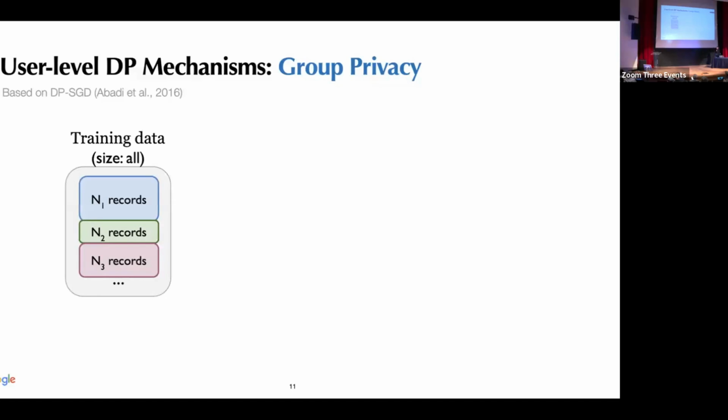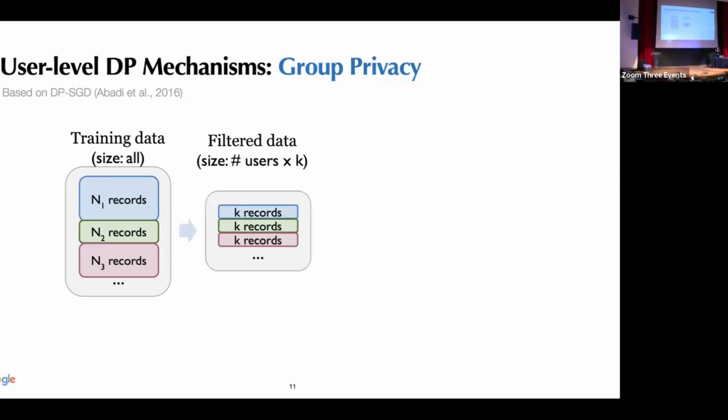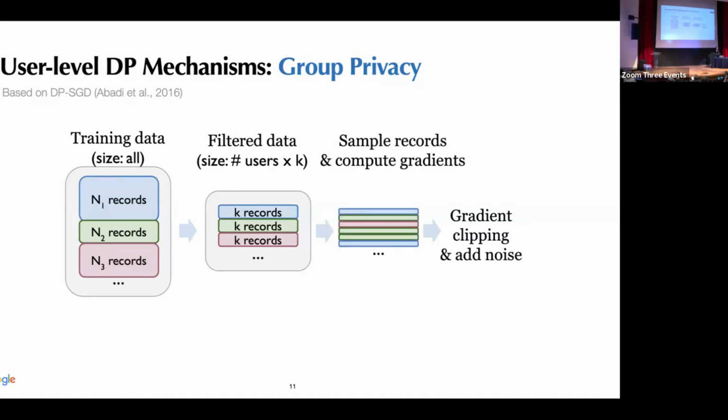Imagine we have a dataset and each user, denoted by different colors, contributes a different number of data points to the dataset. You can first filter the dataset such that each user's contribution is upper bounded by some number k. And then you just do the whole differential privacy training on top of this filtered dataset as it is. At the end of the day, you will have a model that gives you a user-level DP guarantee.